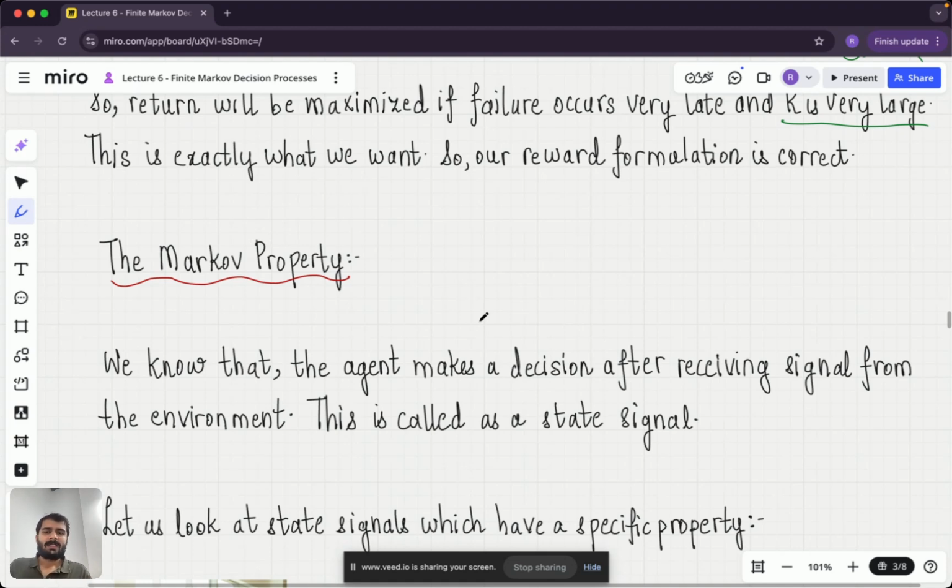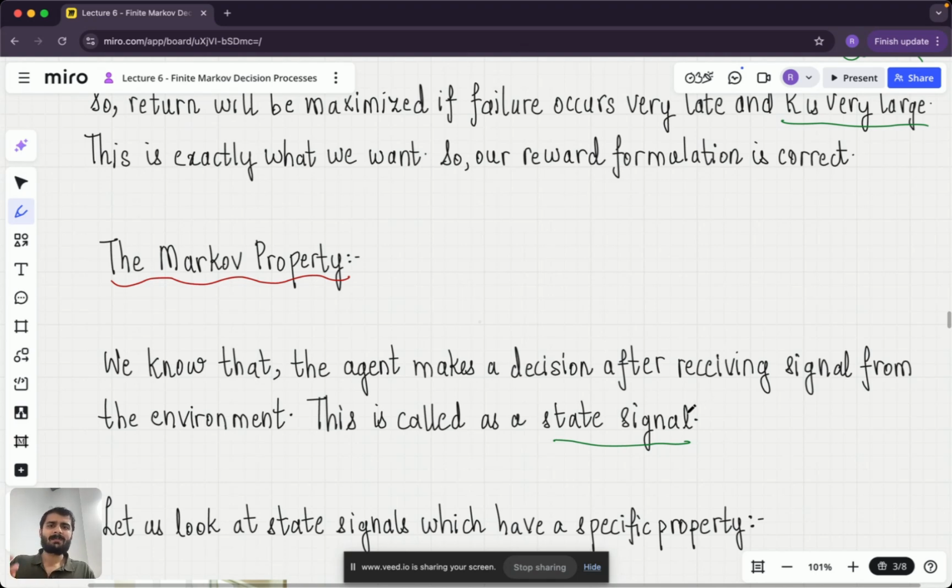Okay, so firstly, a state signal is the signal which the agent receives from the environment before it takes any action. So it's synonymous to the state of the environment, but here we are calling it a state signal because it is information which the agent is receiving from the environment.